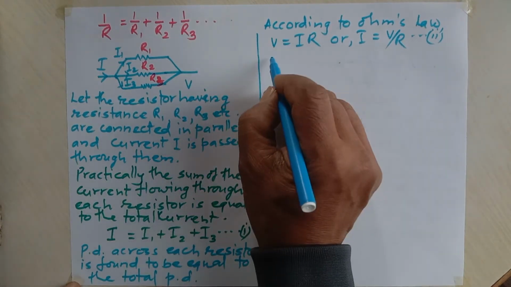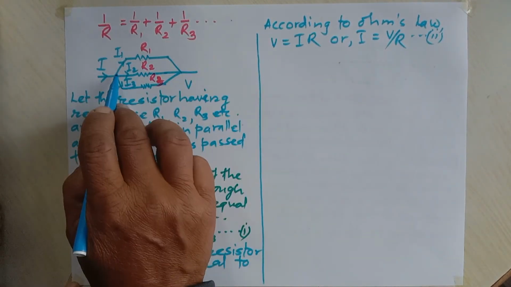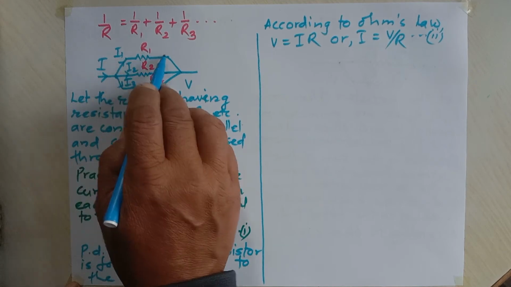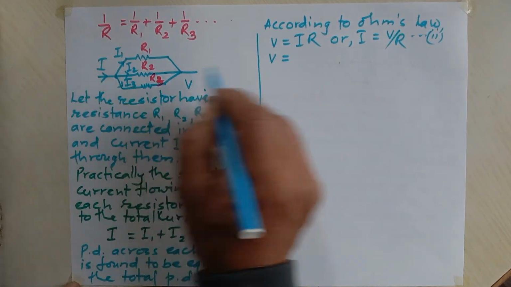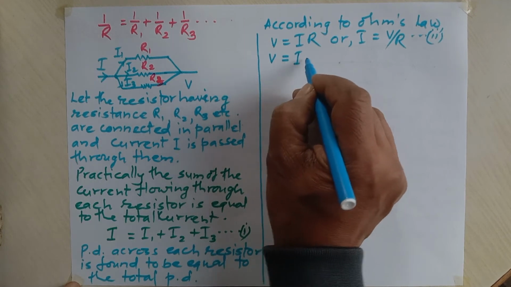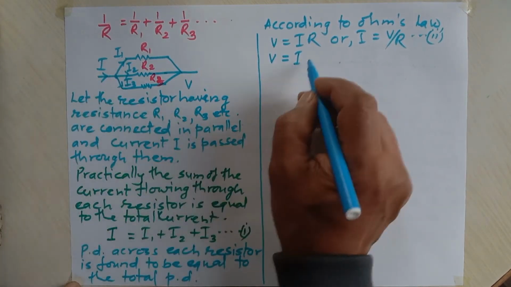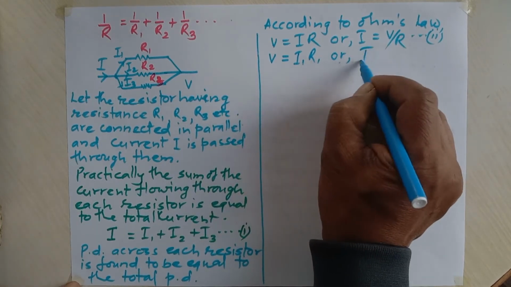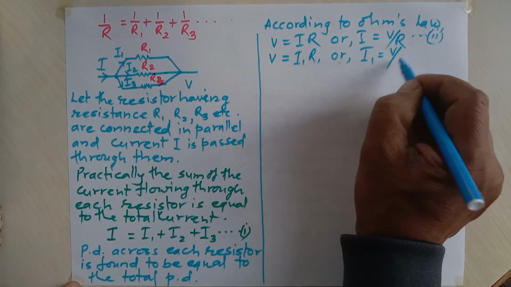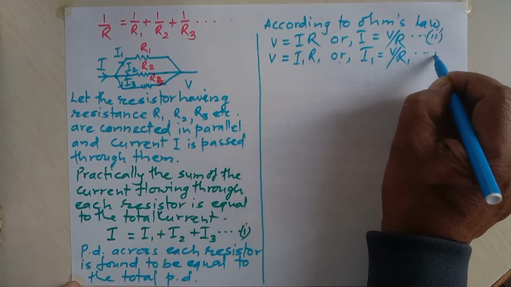In the same way, in the first branch, Ohm's law acts like this. Potential difference is the same V, but current is I1 and resistance is R1. That's why in the first branch, V equal to I1 R1, and I1 is equal to V by R1. This is equation number 3.